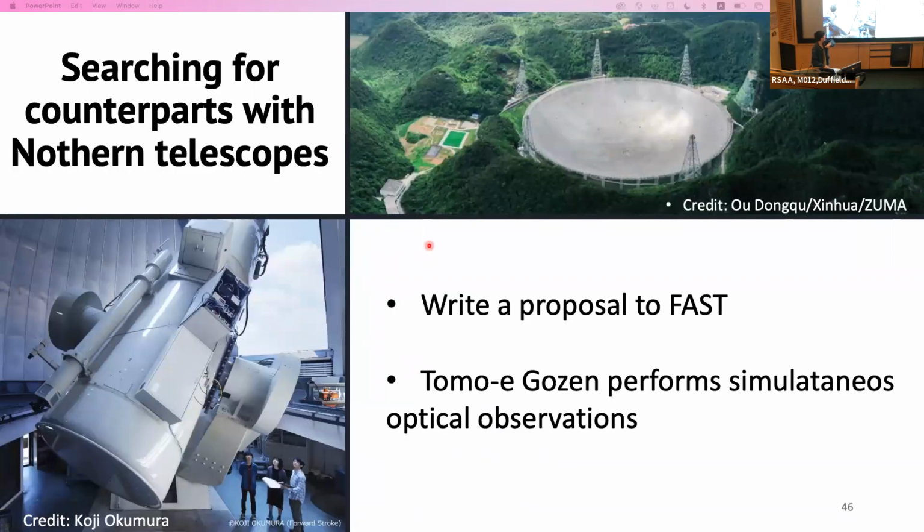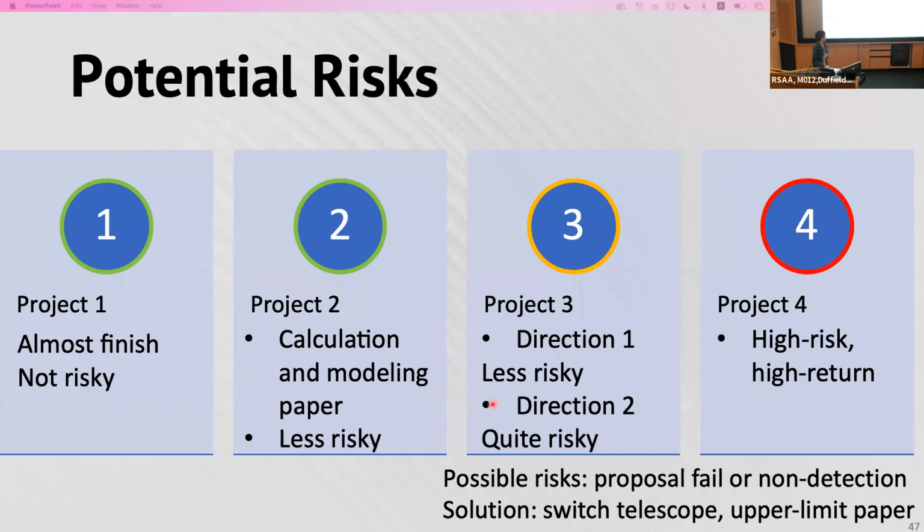Also, I'm trying to write a proposal to FAST, and some of our collaborators have connection to the Tomo-e Gozen telescope in Japan. So both of these are in the northern hemisphere. So we can do simultaneous observation in the optical wavelength to see if there's any counterparts. So that ends our project 4.